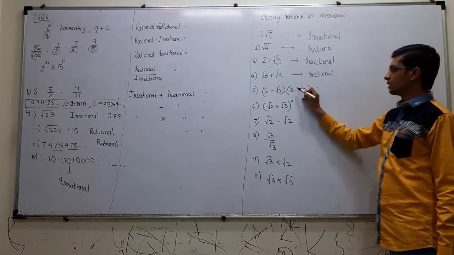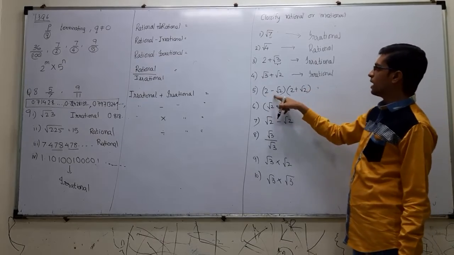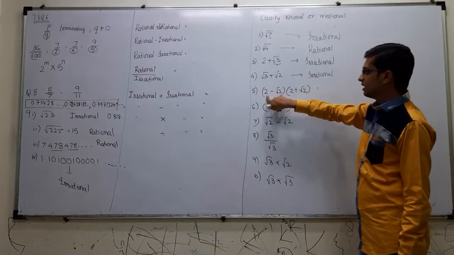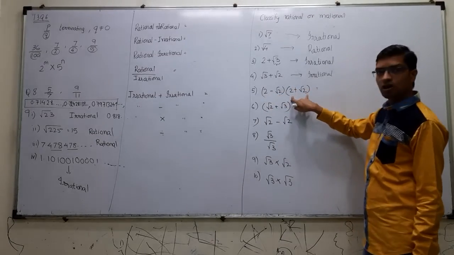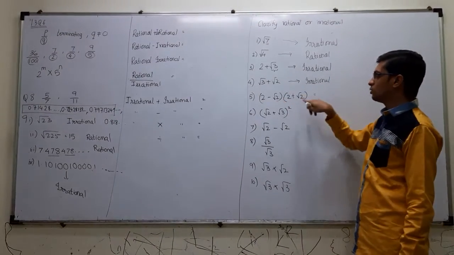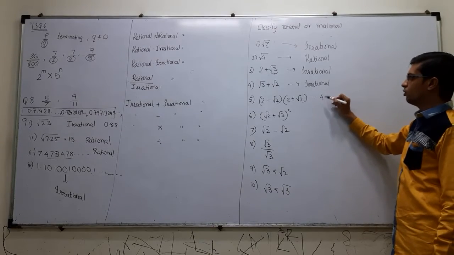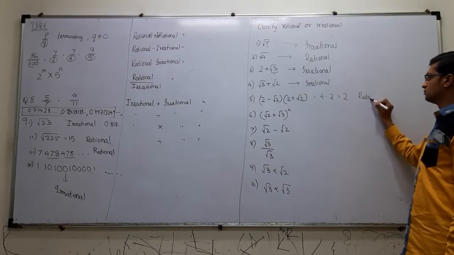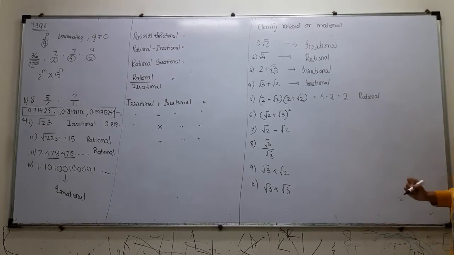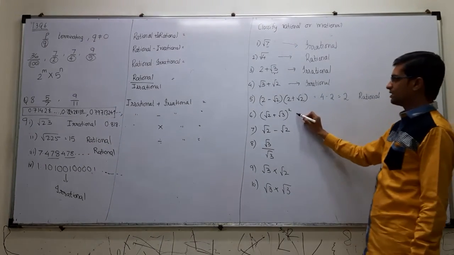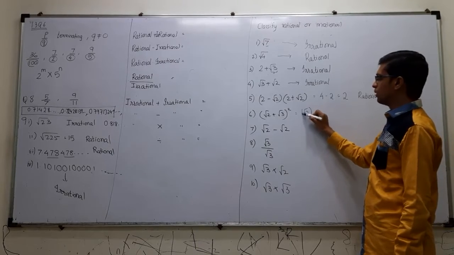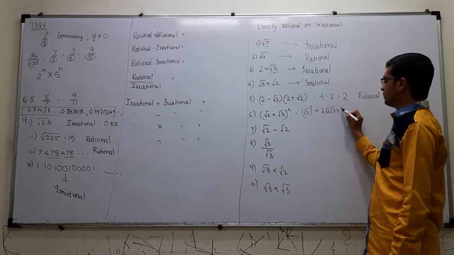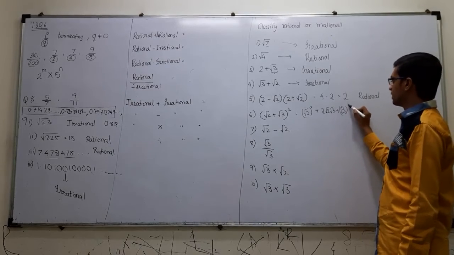Now look here, let us make it plus. It is 2 minus root 2 into 2 plus root 2. This is irrational, this is also irrational. Let us multiply two irrational numbers. I will get 4 minus 2, that is 2. So I am getting a rational number. Correct? If I expand this, I will get root 2 square plus 2 times root 2 into root 3 plus root 3 square.